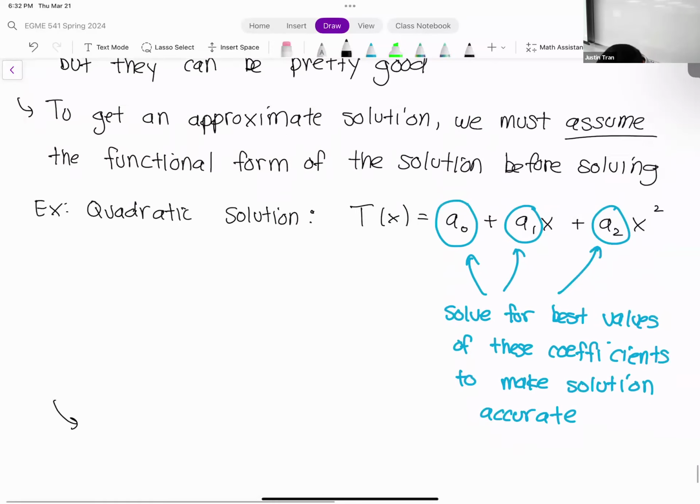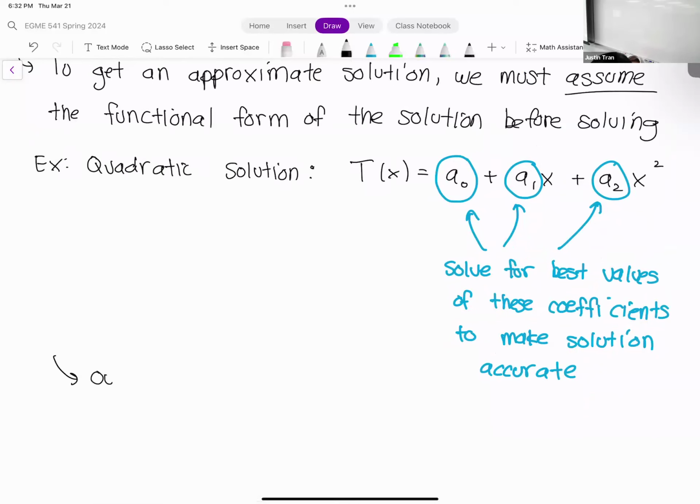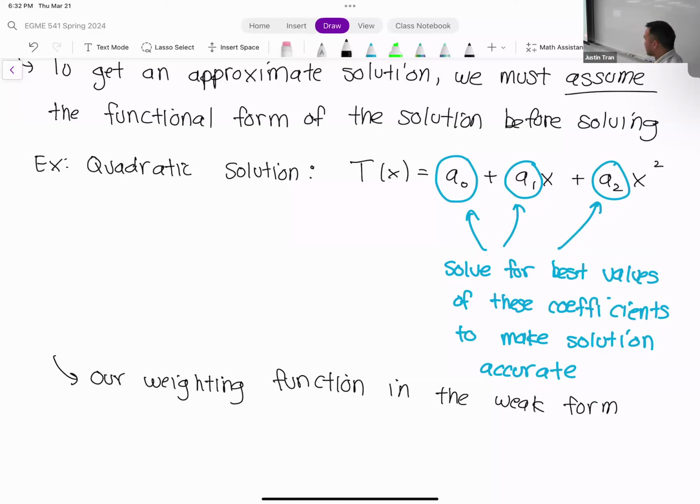Okay? So our weighting function in the weak form must have the same functional representation, or must have the same functional form as our solution.